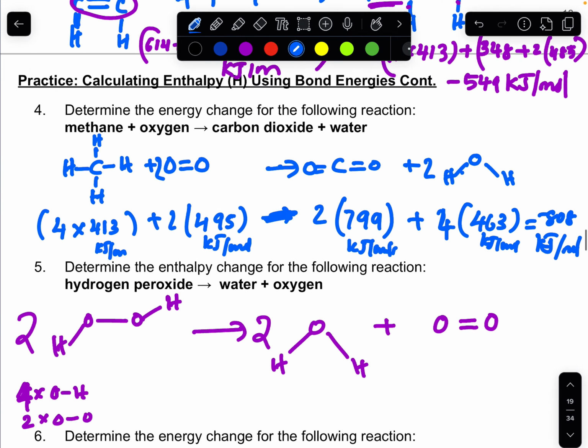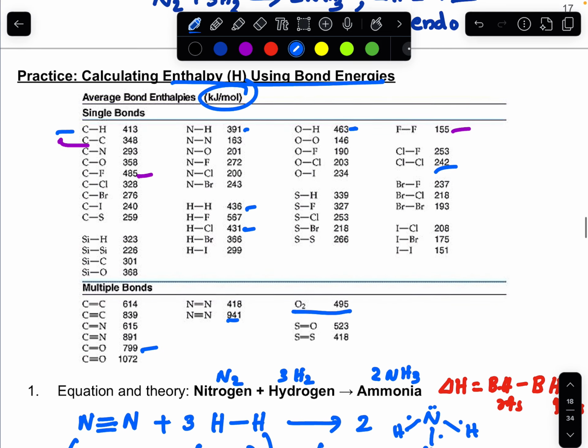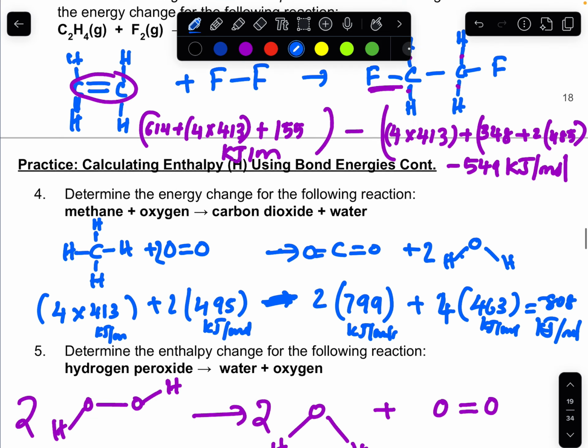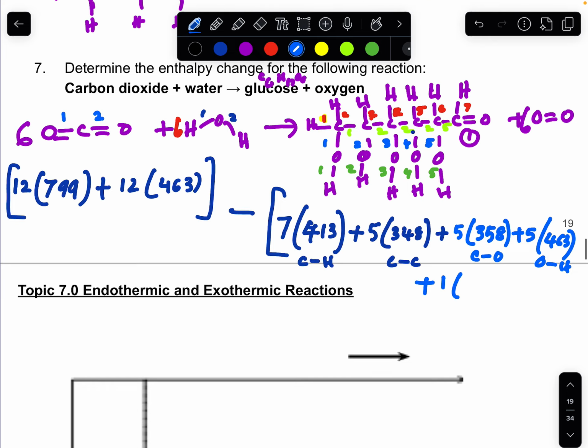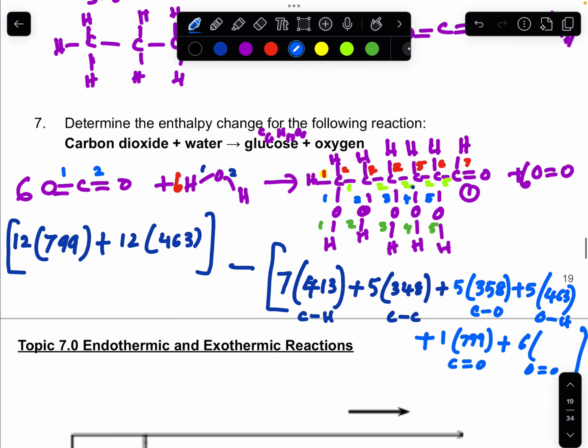Okay, 1 C double bond O bond, which is 799. Okay, plus now oxygen, there is O. So this is C double bond O plus 6 times O double bond O, which is the last one. Okay, then again close the parenthesis.